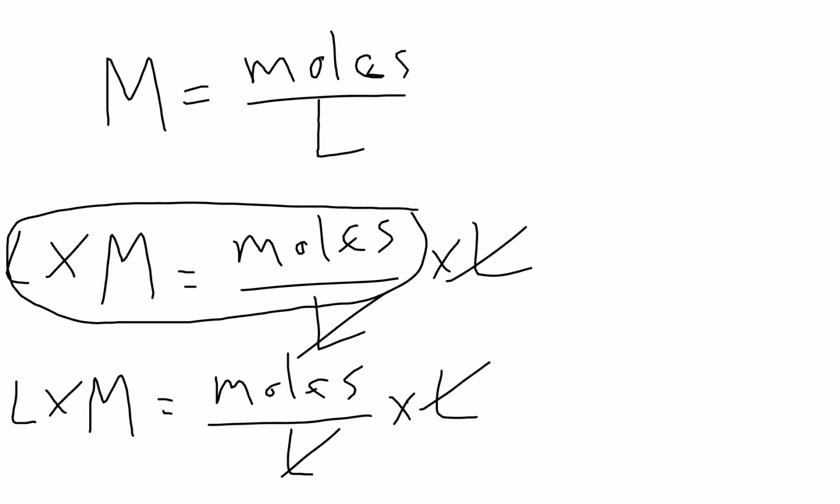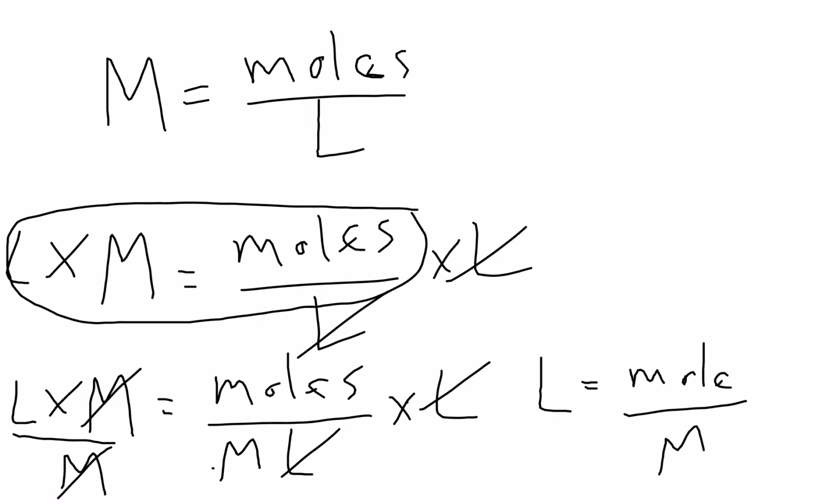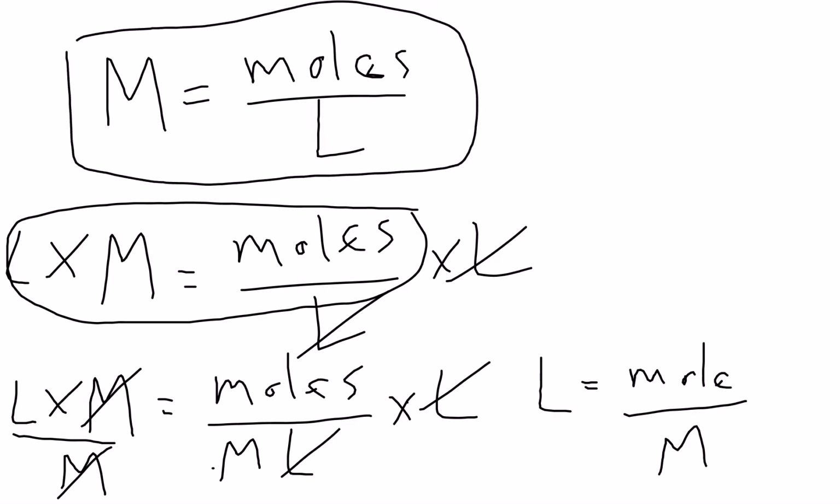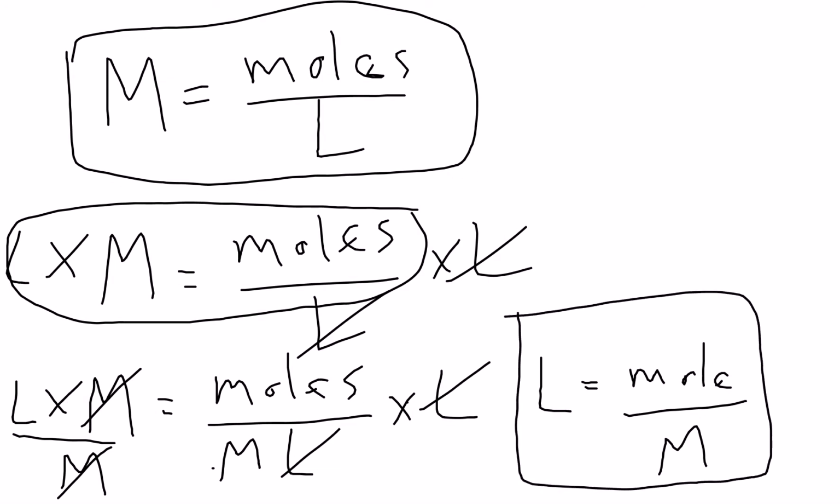Now let's get molarity away, and we'll say divide through by molarity, and that gets liters by itself. So liters is going to be equal to the moles divided by the molarity. So algebraically, we can look at molarity equals moles divided by liters, moles equals liters times molarity, and liters equals moles divided by molarity.